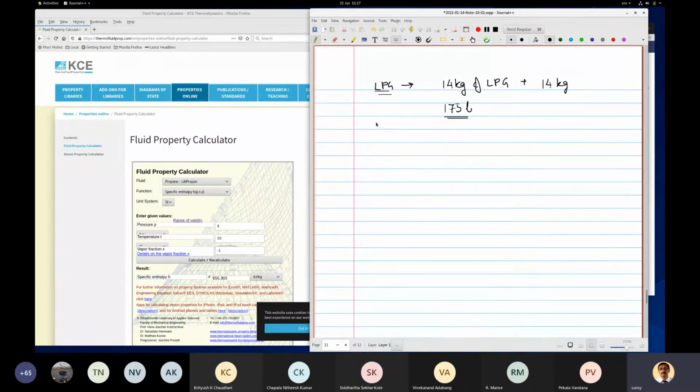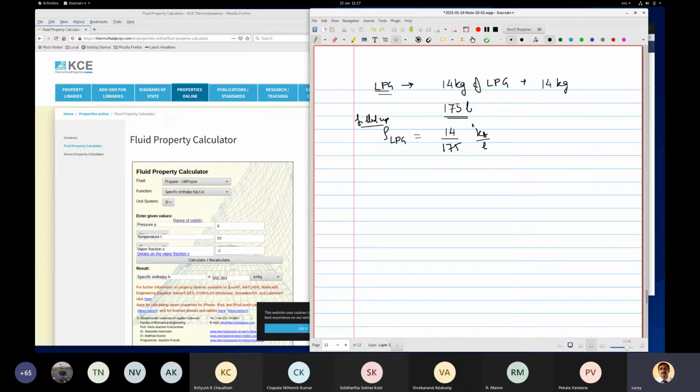So what is the density of the LPG gas that we get at home? Density of LPG, when it's filled up, that we get is equal to, say, 14 by 175 kgs per liter.